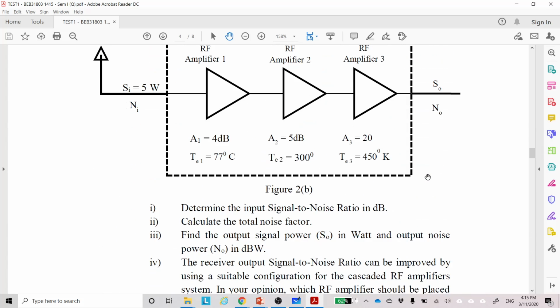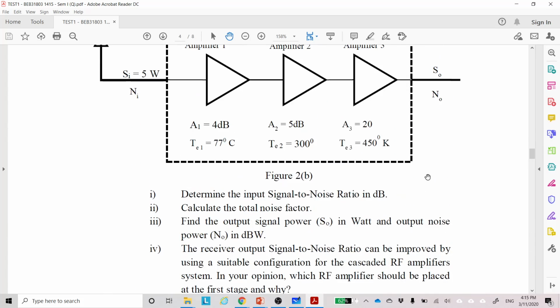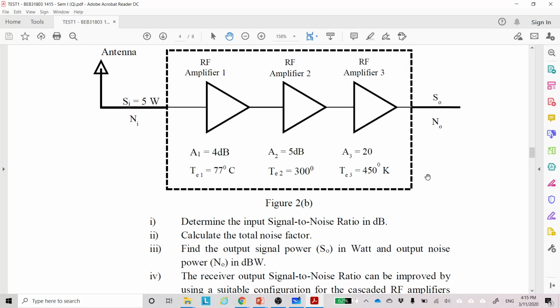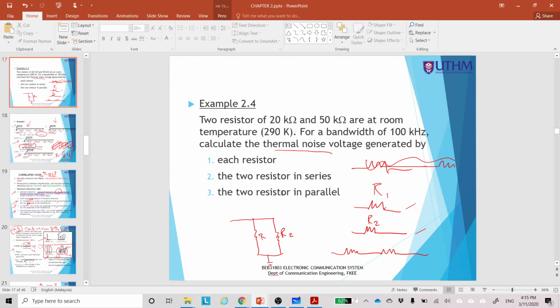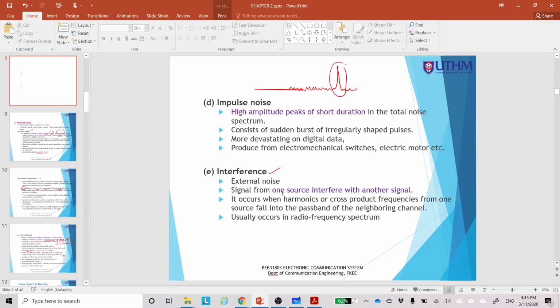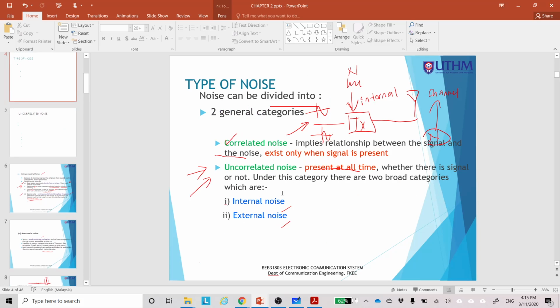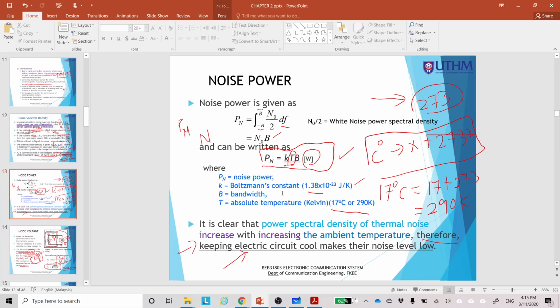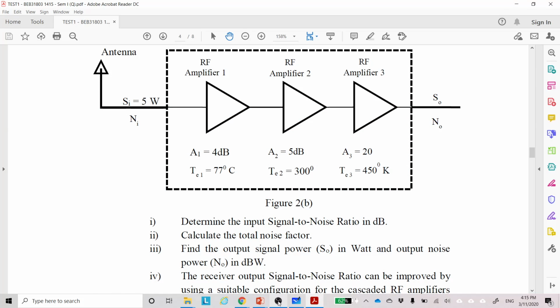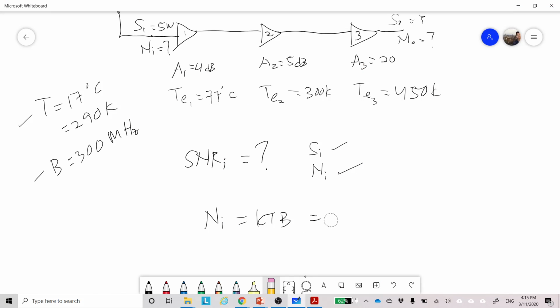Okey, Boltzmann constant, you jangan risau. Boltzmann constant akan diberikan dalam test dan final. Boltzmann constant tadi kita belajar 1.38 kali 10 kuasa negatif 23 Joule per Kelvin, ada dalam nota ini.